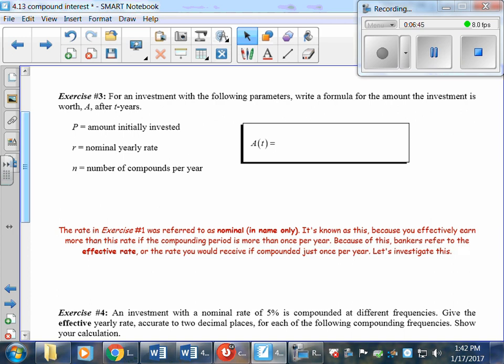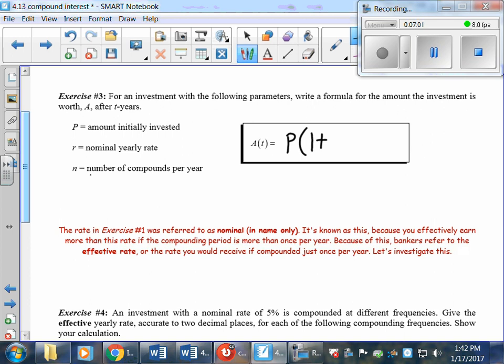T years. So A of T is equal to our principal, or our initial amount, P, times, remember we talked about it, 1. In this case, we're talking about interest, so it's always going to be 1 plus.